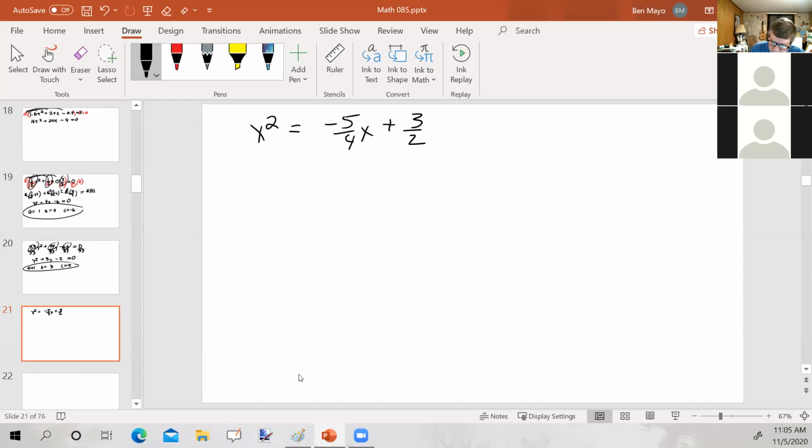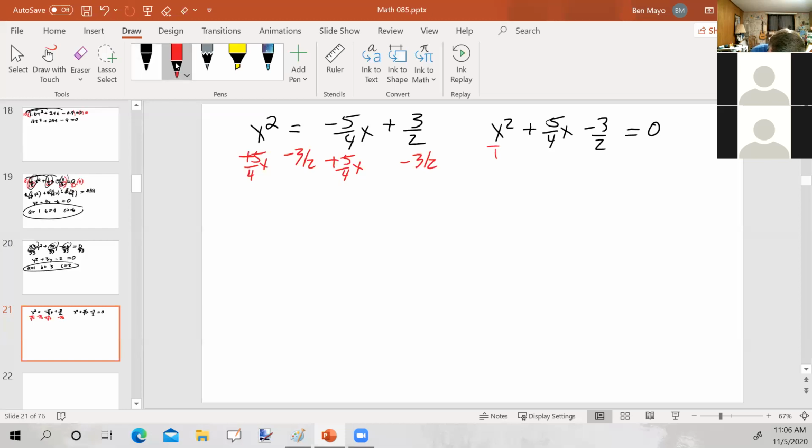So the first thing I'm going to do is get this thing in standard form. So I'm going to add 5/4 x to both sides, and I'm going to subtract 3/2 from both sides. So now I've got x squared plus 5/4 x minus 3/2 equals 0. So my equation is in standard form, ax squared plus bx plus c equals 0. But I have fractions. I want to get rid of them. My denominators are an implied 1, a 4, a 2, and an implied 1.